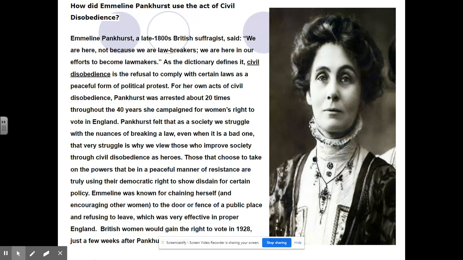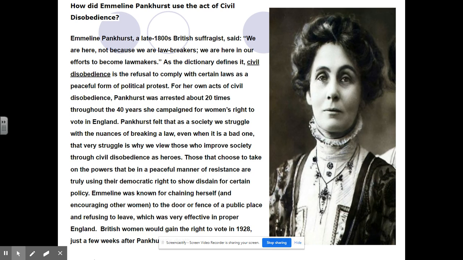Pankhurst felt that as a society, we struggle with the nuances of breaking a law, even when it is a bad one. That very struggle is why we view those who improve society through civil disobedience as heroes. Those that choose to take on the powers that be in a peaceful manner of resistance are truly using their democratic right to show disdain for certain policy.